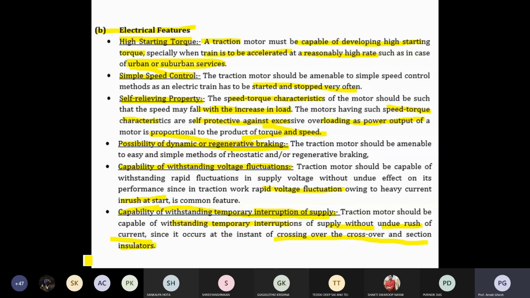The motor normally uses oil impregnated paper insulation for the motor conductor, so there should not be any breakdown to that level. Keep that in your mind.